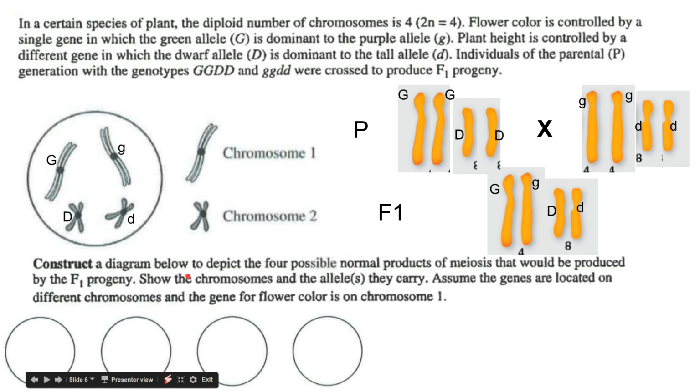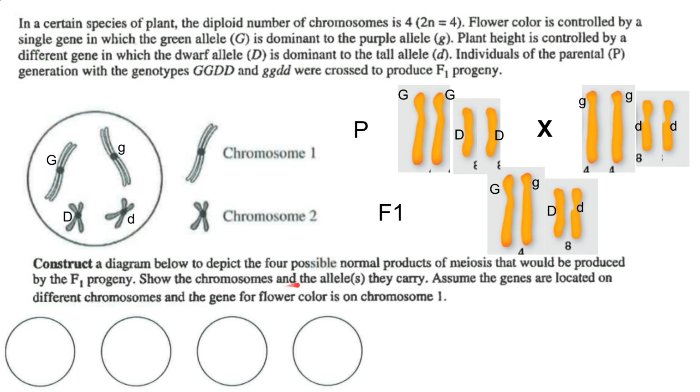It says construct a diagram to depict the 4 possible normal products of meiosis that would be produced by the F1 progeny. Again, they use all these big fancy words. Basically, if you have this, what are the gametes going to look like? What are the products of meiosis? What we're saying here is what are the sperm or egg actually going to look like on a chromosome standpoint, and then sticking letters with that too.